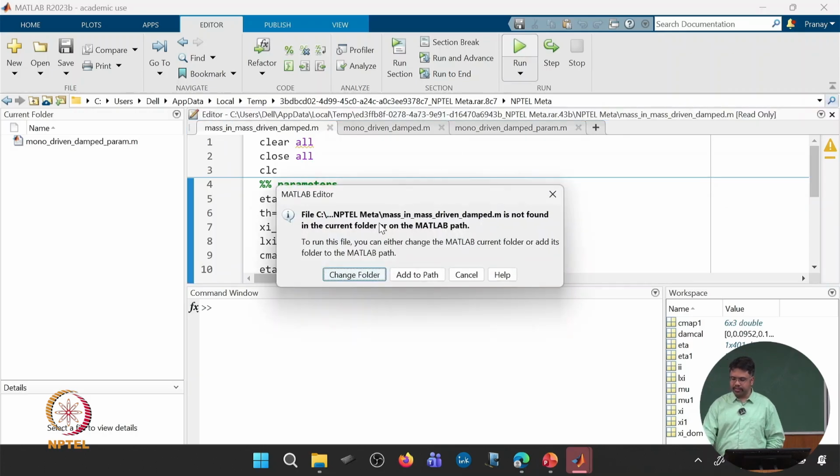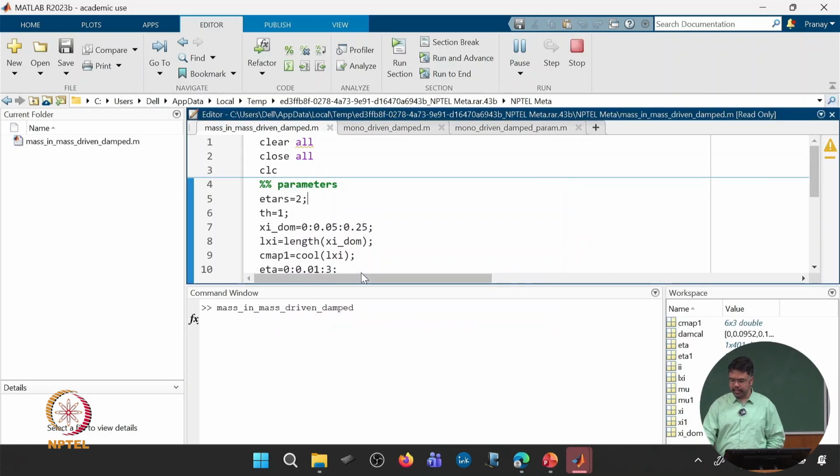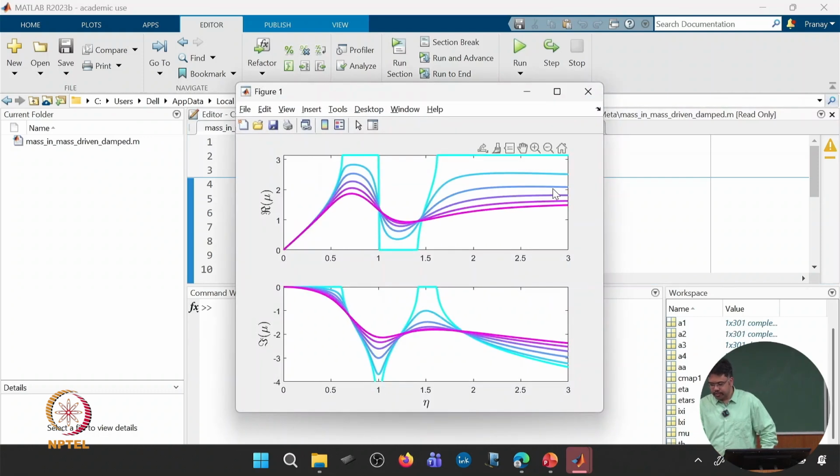Now, if you see the mass-in-mass case, if you remember, that cyan color shows the imaginary part. At the very beginning you have complete propagation. Then we encountered a band gap.